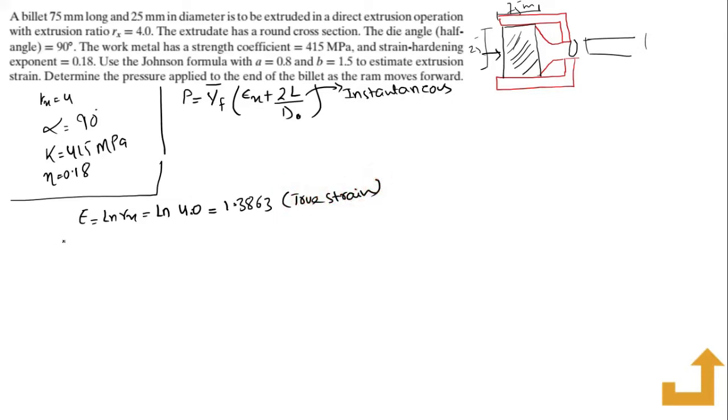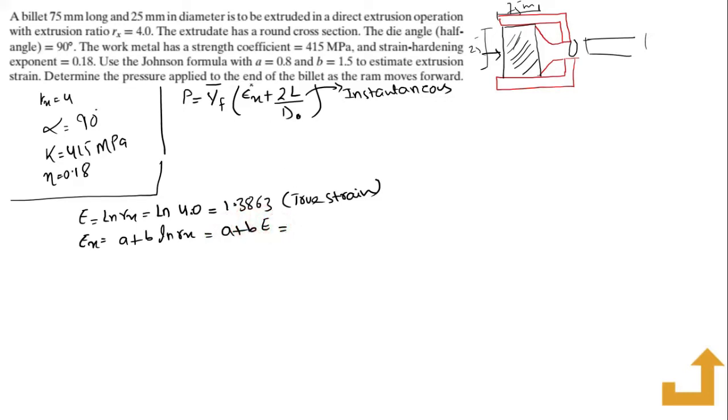Right, then we have to find out the extrusion strain, that is based on the Johnson's formula. So the extrusion strain would be equals to A plus B ln of Rx, or we can write it as A plus B into true strain.